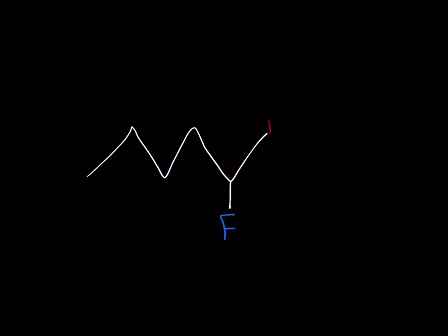So we count from right to left. We have 6 carbons, so that's going to be hexane. And fluorine is on position 2, so it's going to be 2. And then you're going to write fluoro with a U after the L, before the R, and it's going to be one word.